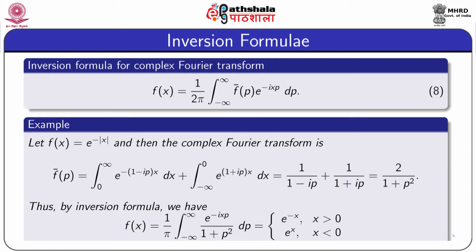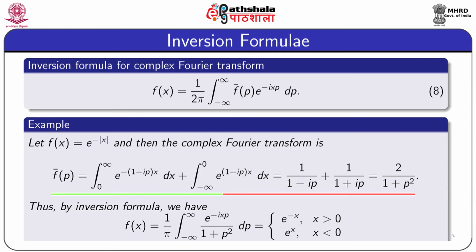So, for that we take the function e to the power minus mod x. The Fourier transform of this function is f bar equals integration 0 to infinity e to the power minus (1 minus i p) x dx plus integration minus infinity to 0 e to the power (1 plus i p) x dx.